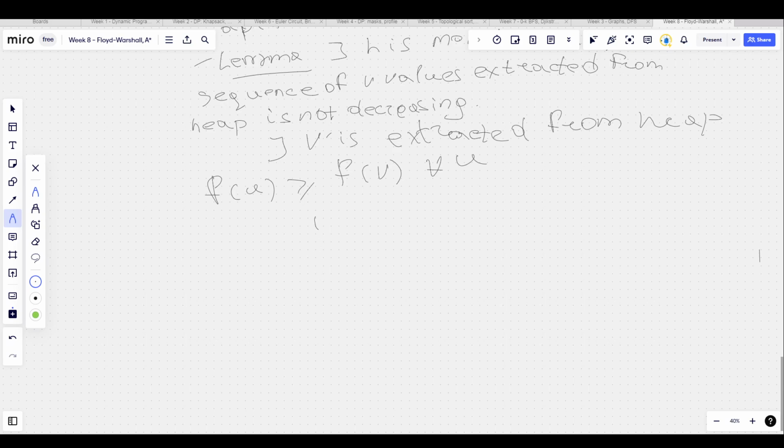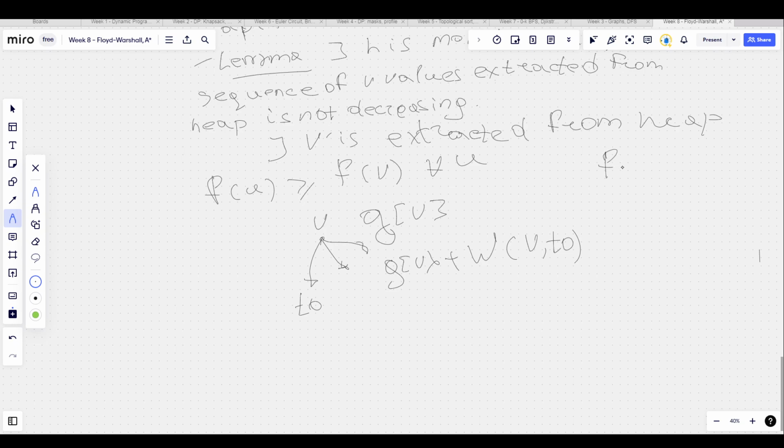So we consider this vertex and open it, and we get that here we have g(v), and here we get g(v) plus some cost w(v, v2).